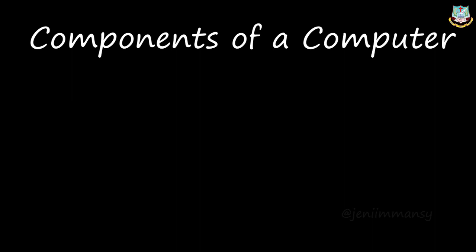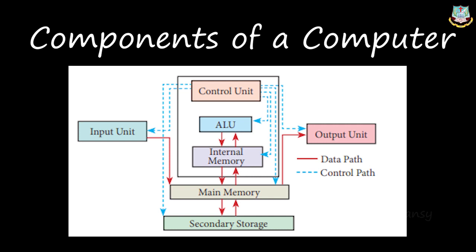Let's have a look at the functional components of a computer. Whichever task you give to the computer, it follows a technique called the IPO cycle. That is nothing but input, process, output cycle. That's what we have been seeing from the first. If you give an input, it will process and it will give you the output, right? So here also we have the IPO cycle.